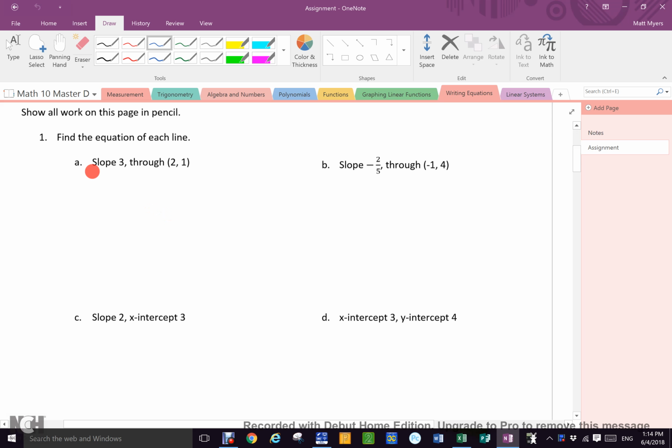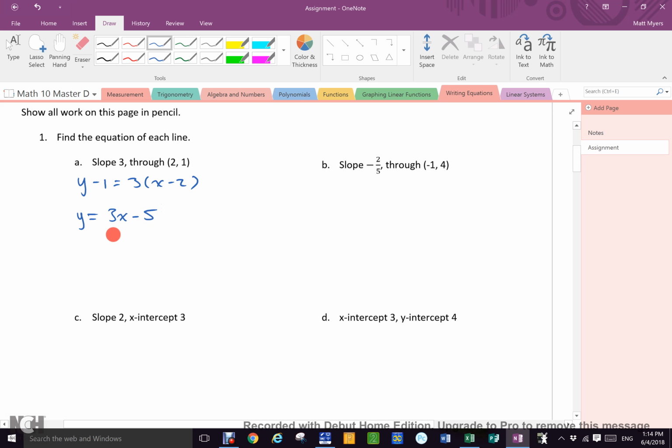So, the easiest one is y minus 1 equals 3, x minus 2. But some of you may very well have y equals 3x minus 5.